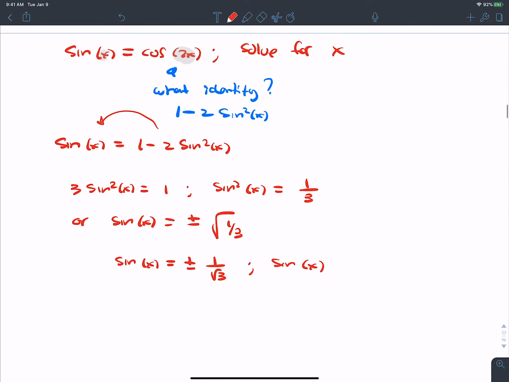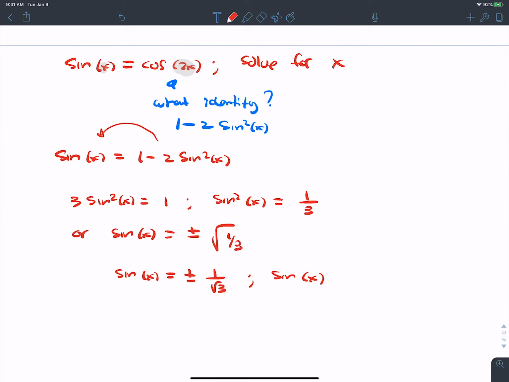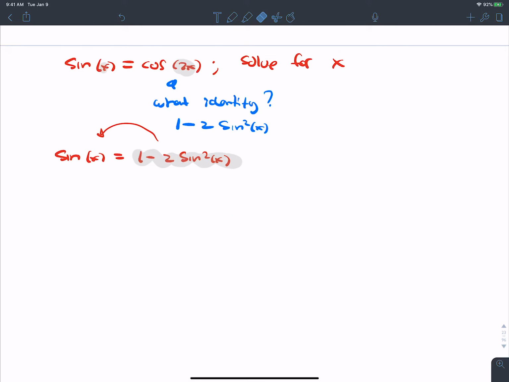Oh, if you're going to use the trig identity here, 1 minus 2 sine squared x, you're going to use this here. See that there? So if you translate, add 2 sine squared x to both sides. Oops, I made a mistake. Good. Ah, no wonder it wasn't coming out. Thank you.